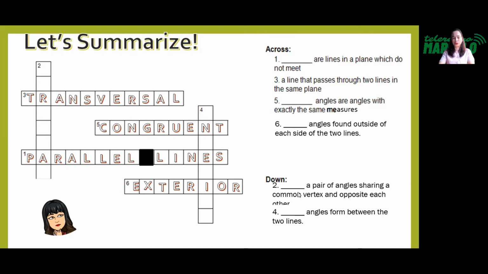For number 2, we have blank, a pair of angles sharing common vertex and opposite each other. And that is vertical angles. And for the last one, number 4, blank are angles formed between the two lines. And that is interior angles. Okay, so that's it, guys.